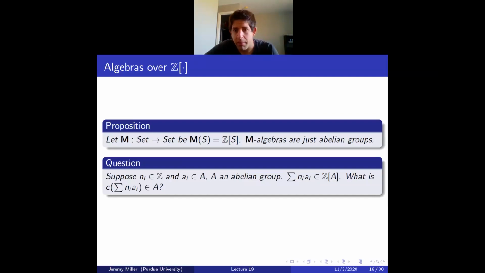Well, the algebra structure map should give us an element of A. So how do you take a formal sum of elements in A and produce an element in A if A comes with the structure of an abelian group? Perform the group operation. Yeah, just perform the group operation.